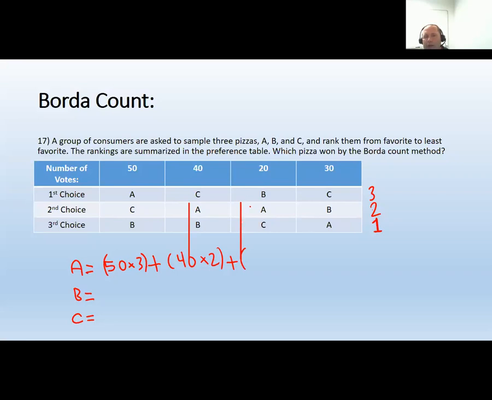For these 20 votes, A got second place, which means A gets 2 points for each, plus these 30 ranked A last, third place, and A gets 1 point for those. When we multiply and add all this up, you've got to multiply everywhere first and then add. You get 300 for A. A got 300 points.